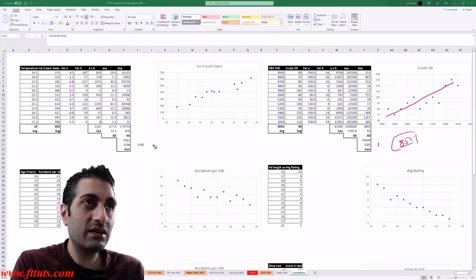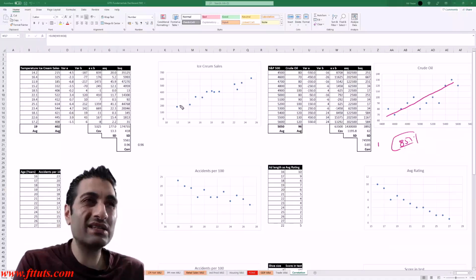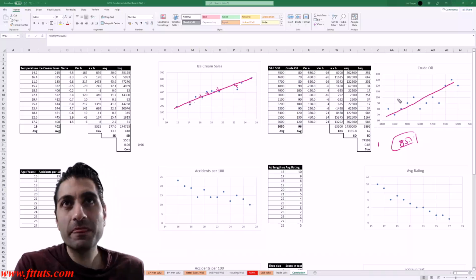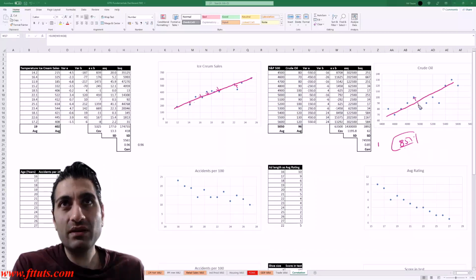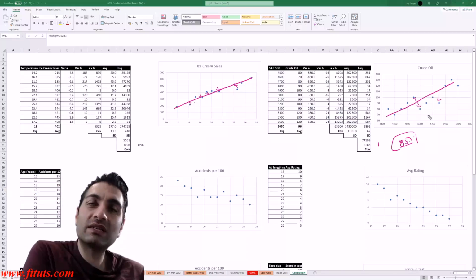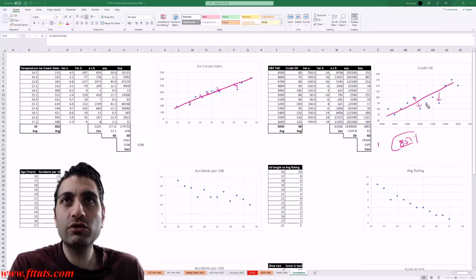Do you remember we said before I suspect this has a stronger relationship? Do you see they're a bit tighter on the scatter plot to a linear relationship? Do you see these are a little bit wider? So on this particular day, you had quite a bit of a move in the S&P 500, but it wasn't reflected in a similar move in crude oil, and therefore it was slightly off the line. So can you see, it's not perfect.